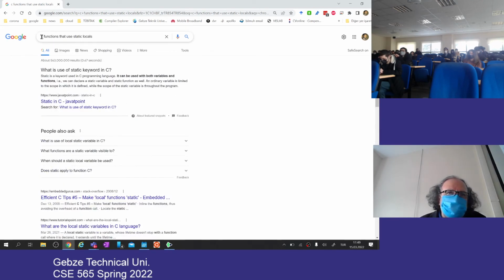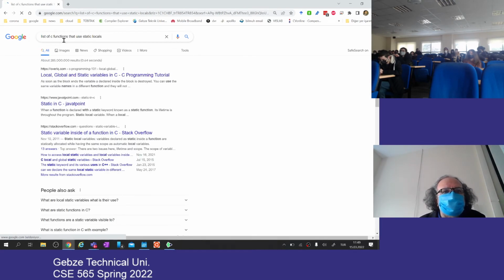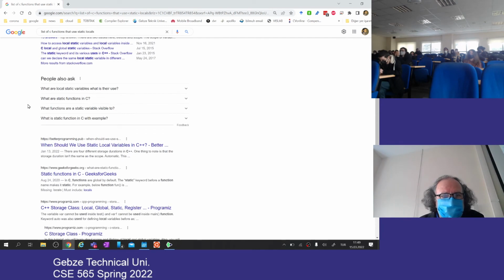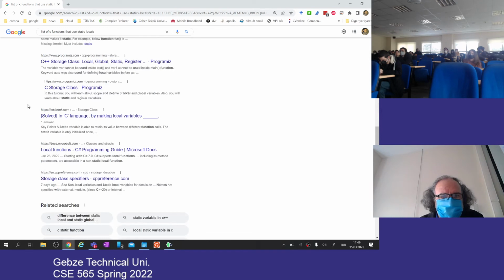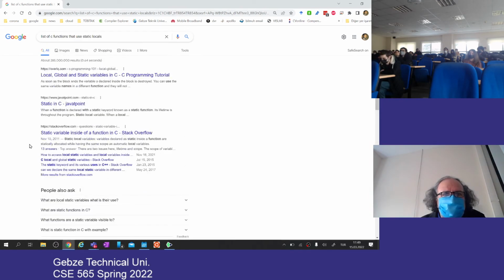I couldn't find it. I thought that there would be a list of functions that tells you which C functions use statics in them. strtok is one of them.